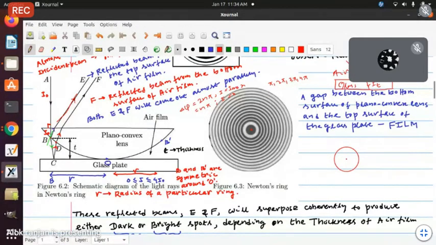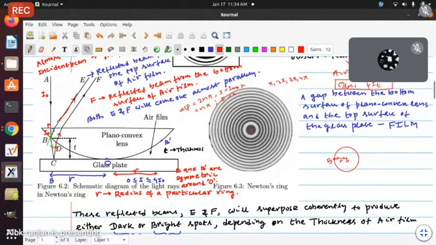This is the point of contact O, and this is B, which is at a distance small r from this point of contact. Let's say this is 2 pi. Therefore B leads to a bright spot.